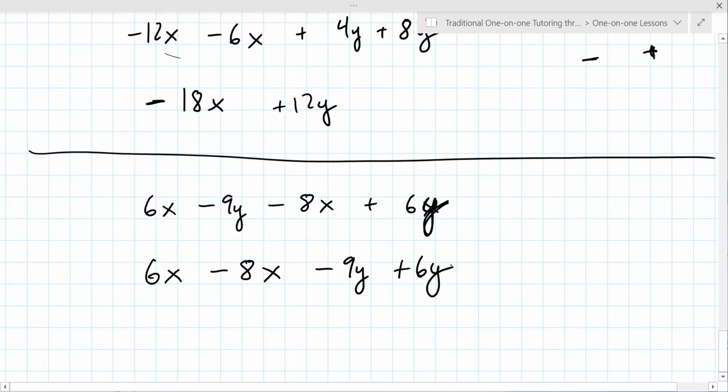So I want you to do this next line. And then I'll let you try one from the beginning if you give me the correct answer.